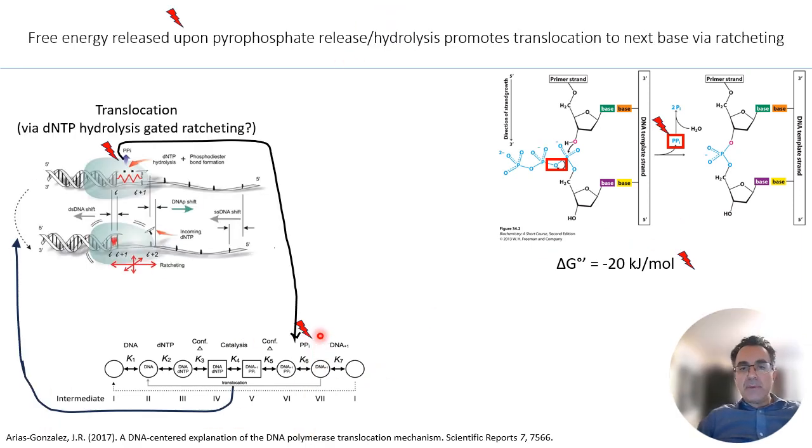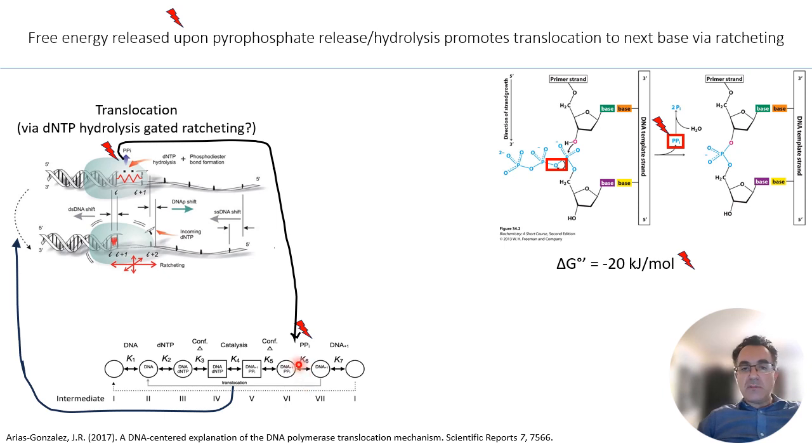The final step in the reaction cycle of this enzyme involves the translocation of the DNA polymerase along the template to the next base that it needs to decode and find a match for.